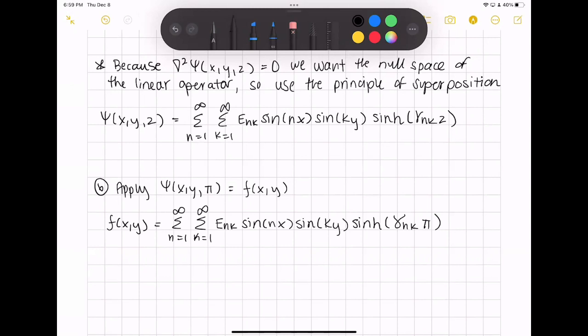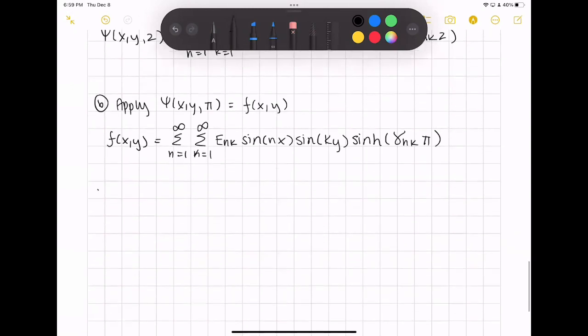And then what we want to do is take the inner product of both sides.